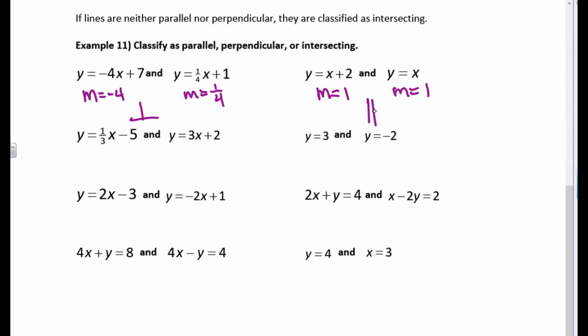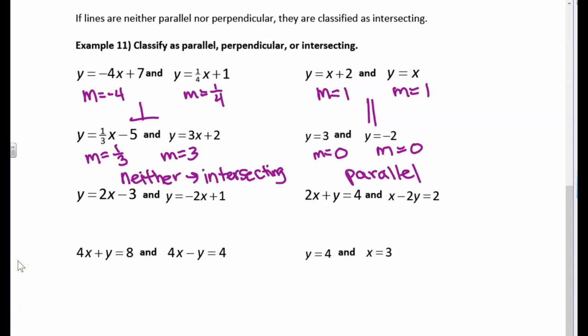I want you now to look at the next two on your own. Go ahead. On the second one, we have a slope of 1/3 and a slope of 3. While those are reciprocals of each other, they are not opposite reciprocals. There's not a sign change. So we would say that's neither parallel nor perpendicular, so we just say it's intersecting.